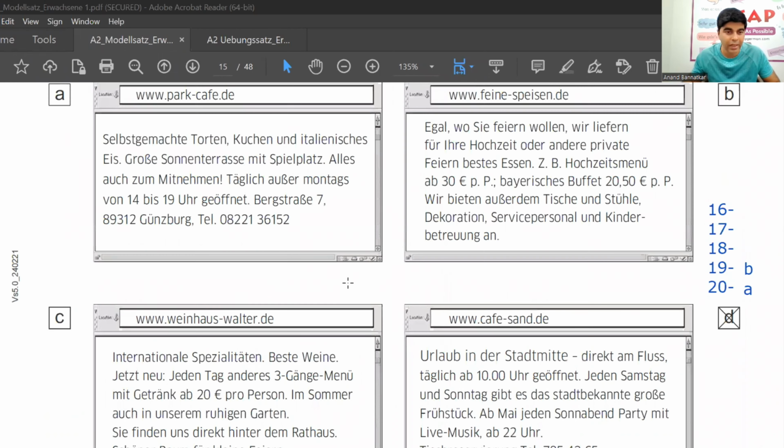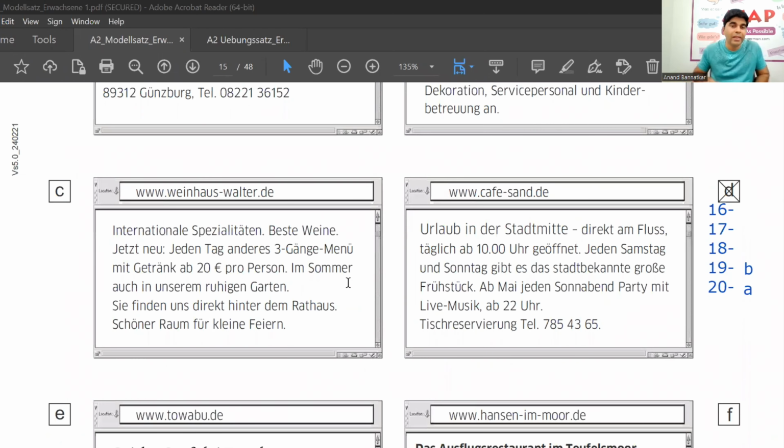Okay, so let's see now. Internationale Spezialitäten, beste Weine. Jetzt neu. Jeden Tag anderes Drei-Gänge-Menü mit Getränken ab 20 Euro pro Person. Im Sommer auch in unserem ruhigen Garten. Sie finden uns direkt hinter dem Rathaus. Hinter dem Rathaus means behind the town hall. Where is the town hall? It is in the city. So they are saying, you find us directly behind the Rathaus.